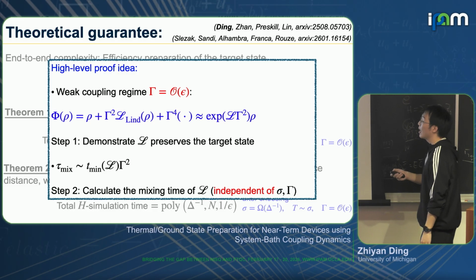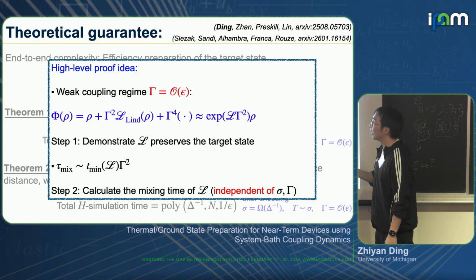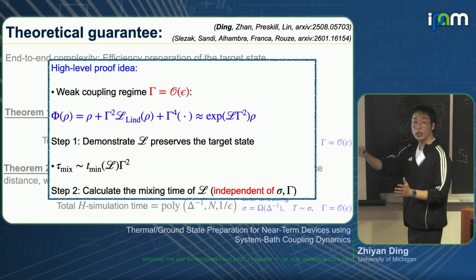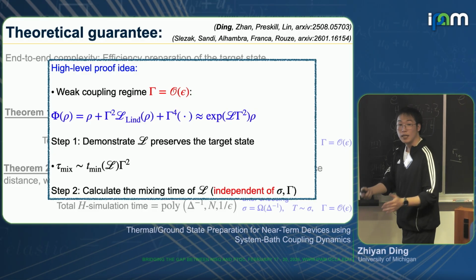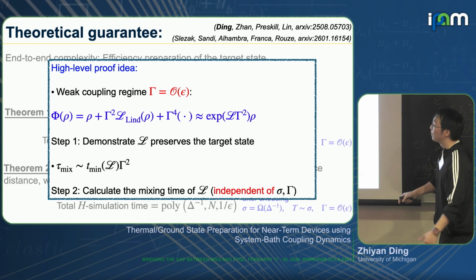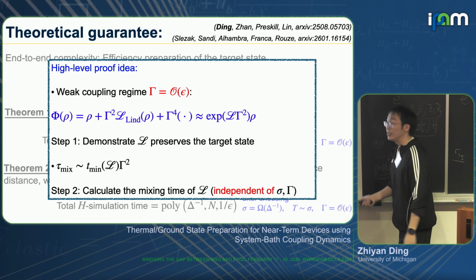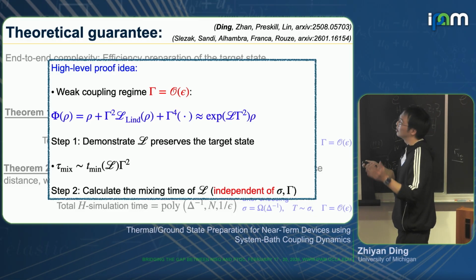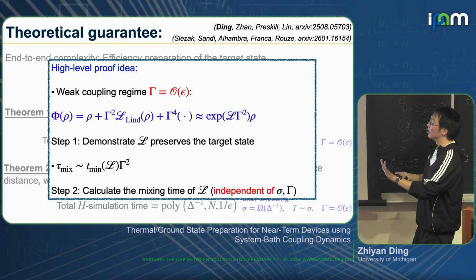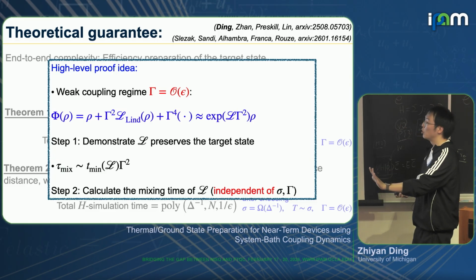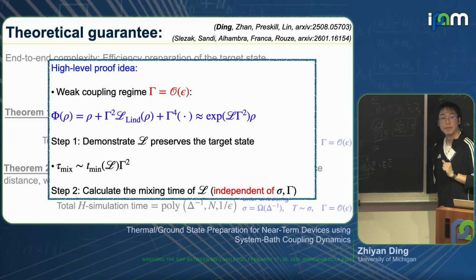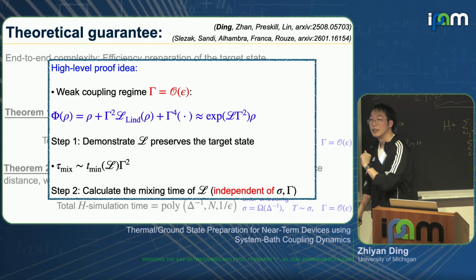Then after I have these approximations, I can get rid of the high order terms. Then I can show that this Lindblad dynamics contains some jump operators for me to preserve my target state. And I can also use this Lindblad dynamics to quantify the mixing time for my original quantum channel. Basically, by considering this weak coupling regime, I can guarantee that my quantum state will converge to my target state, and I also have an upper bound for my mixing time. Okay. So, any question here? Good.